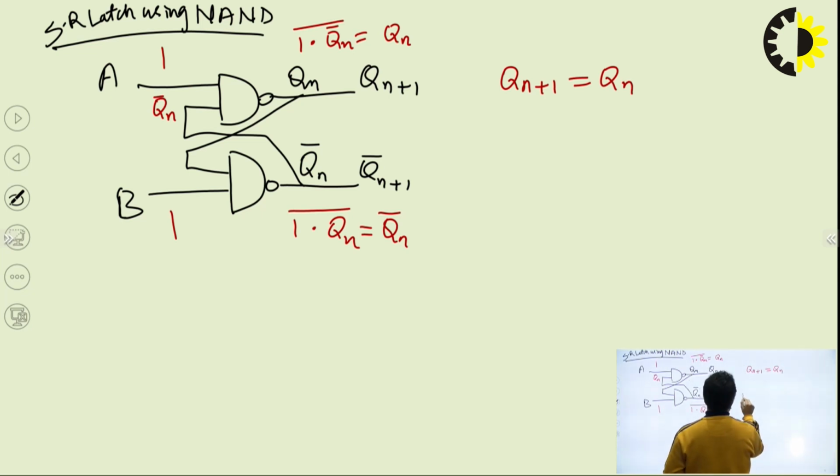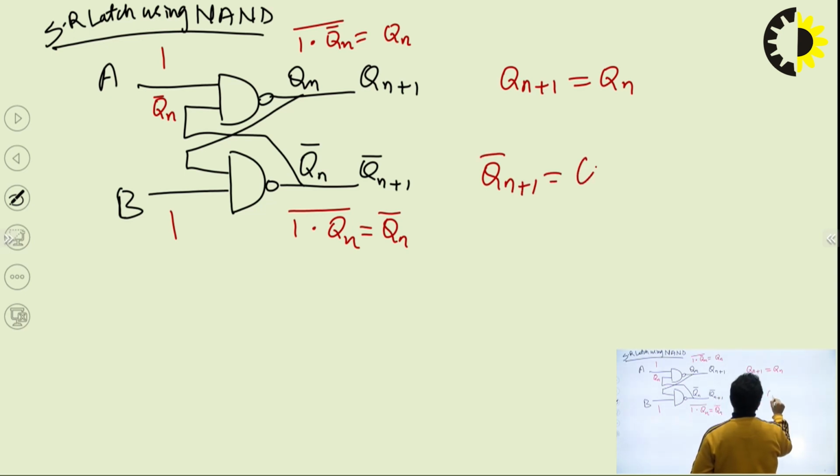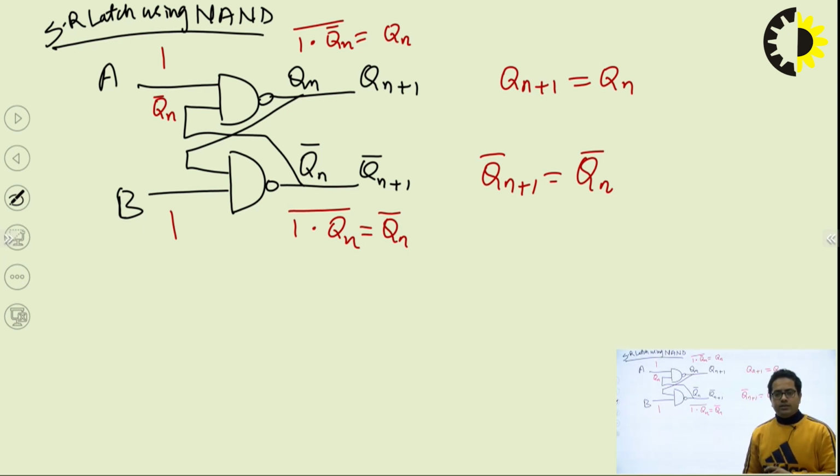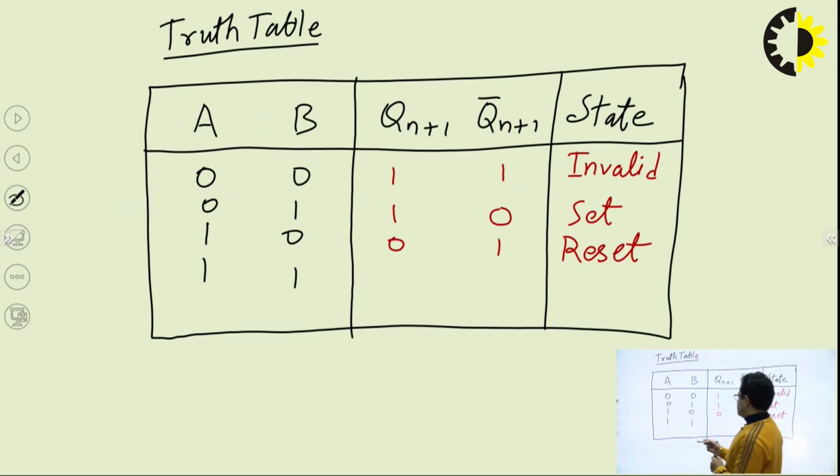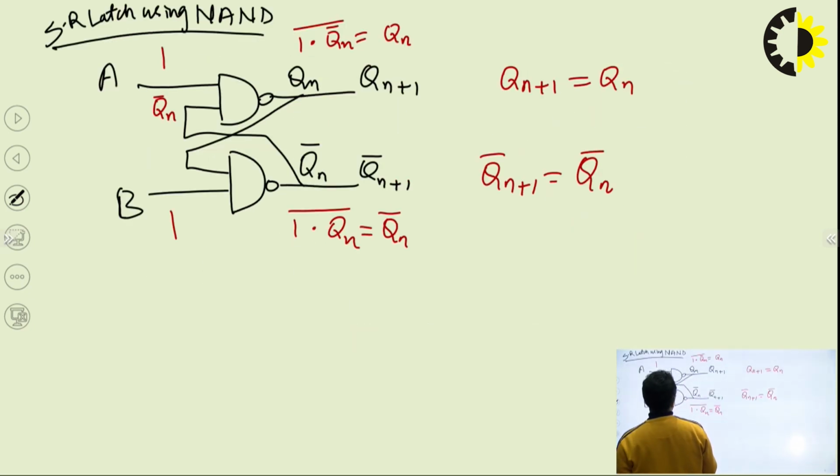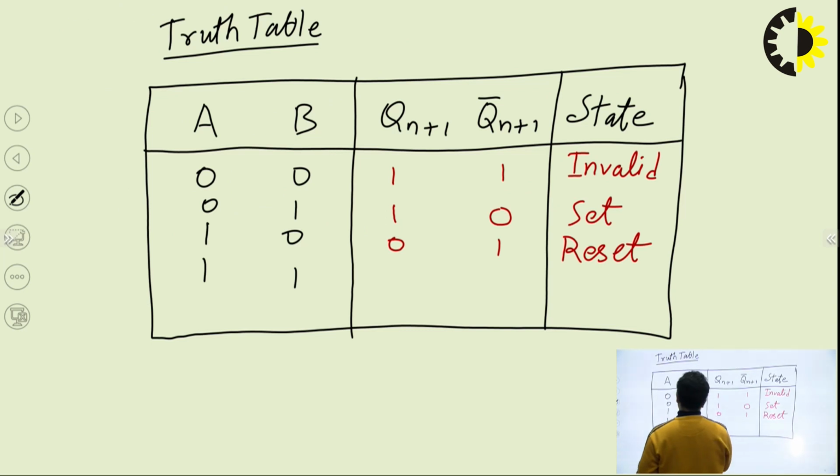Similarly, at this point, my Qn plus 1 complement equals Qn complement. So this state is called the hold state. So for this value, I am getting my combination as Qn, and this is Qn complement.